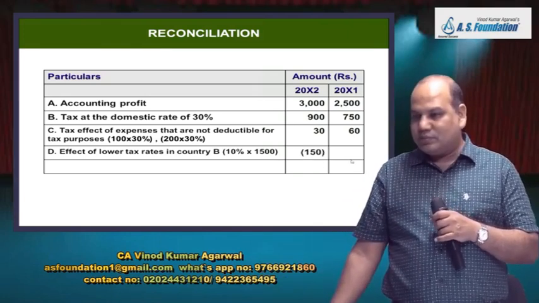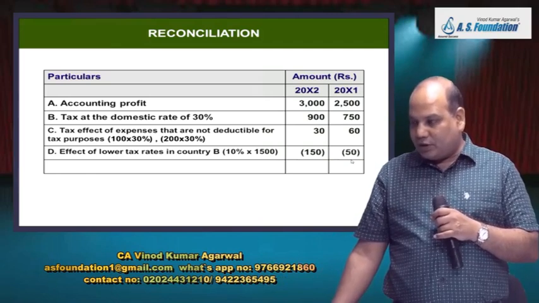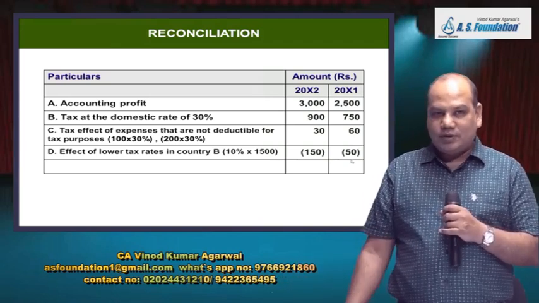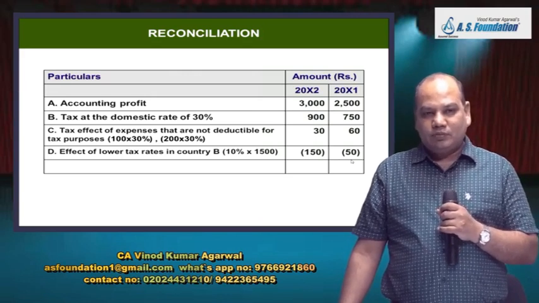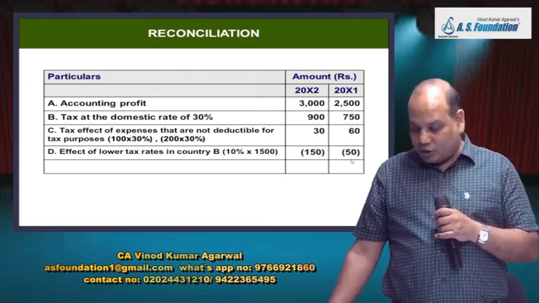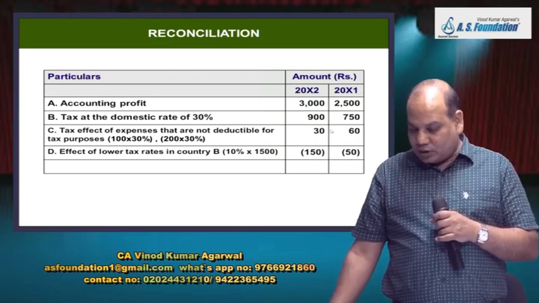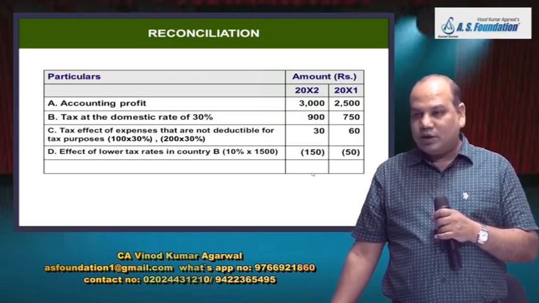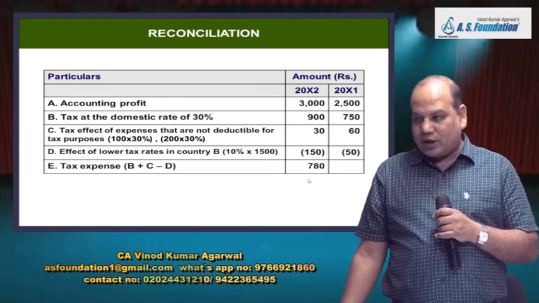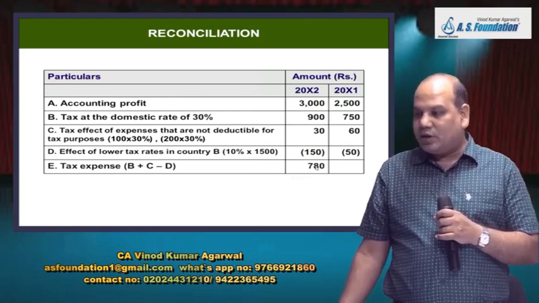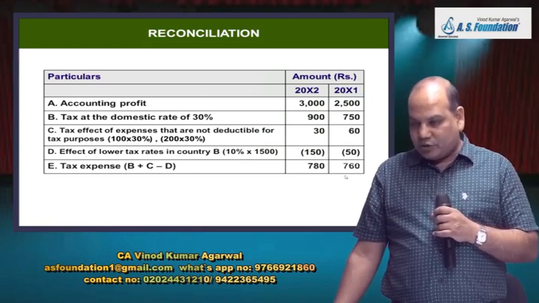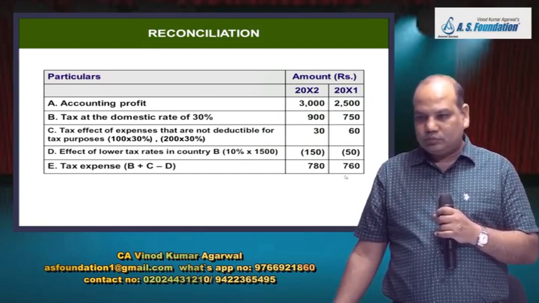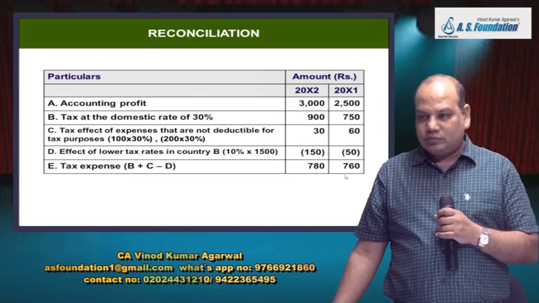Second year, 500 into 10%, 50. So this 50, 150 you write in bracket. Now 900 plus 30 minus 150, so tax expense 780. Tax expense 760. Is it matching now?